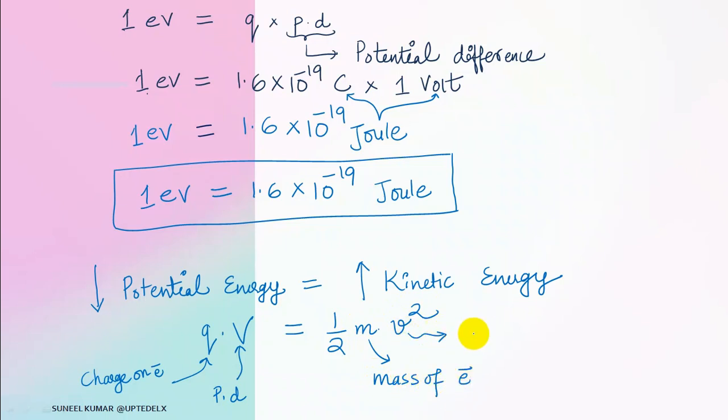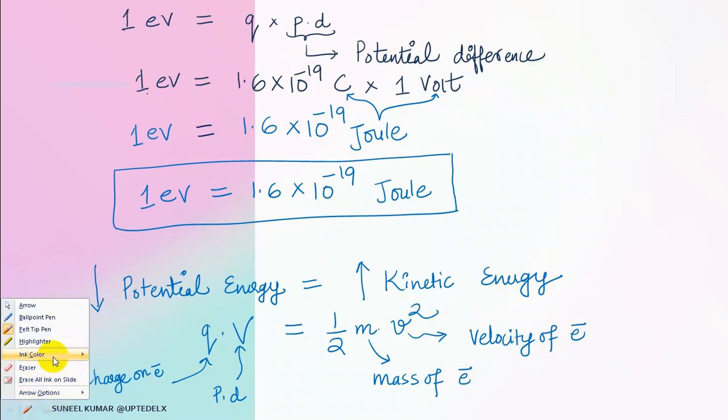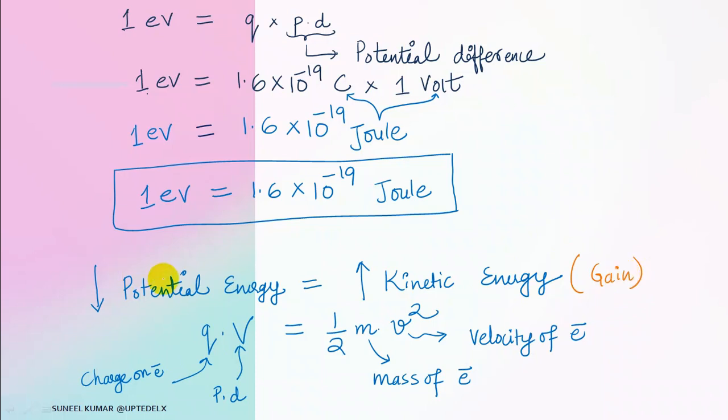And V is the velocity of the electron when it is moving from metal plate B to metal plate A. So kinetic energy is the gain, and this is the loss. So gain is always equal to loss of the energy.